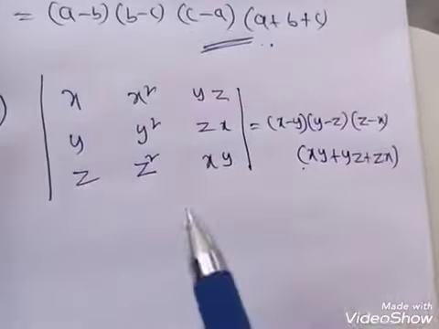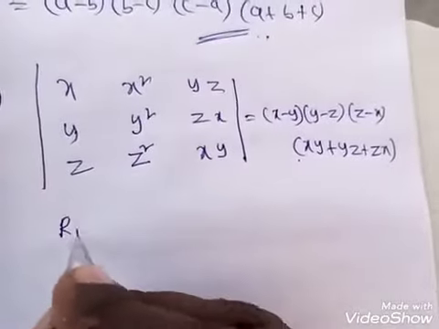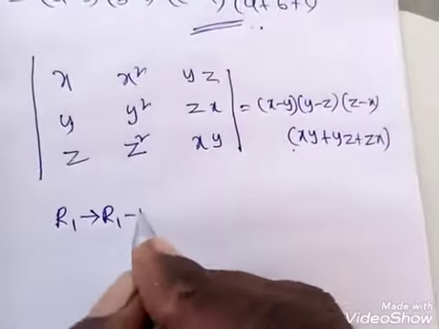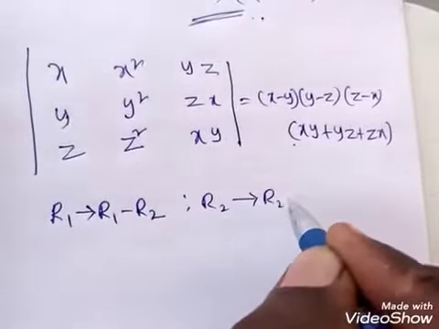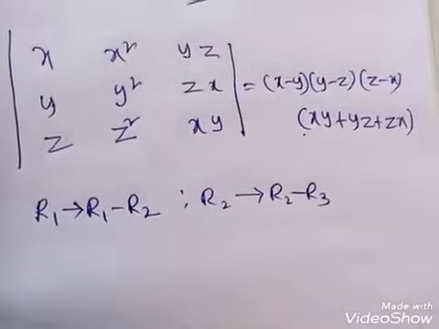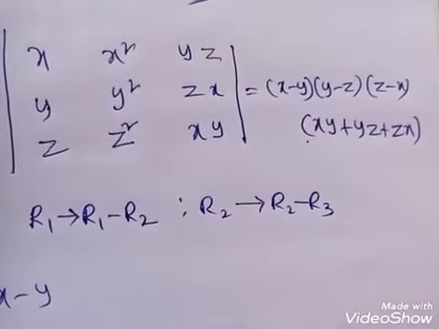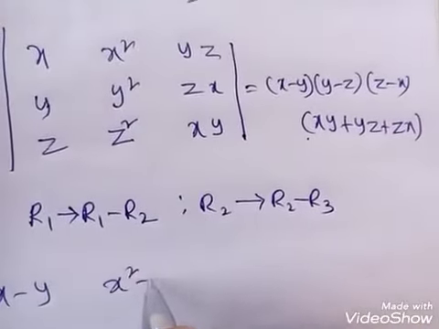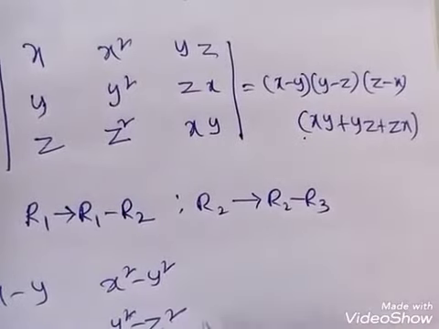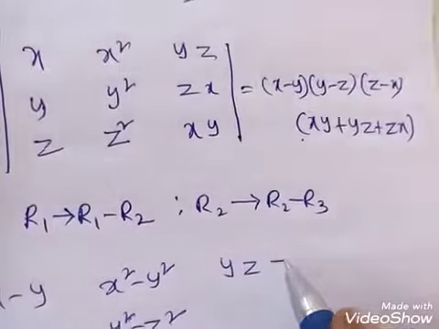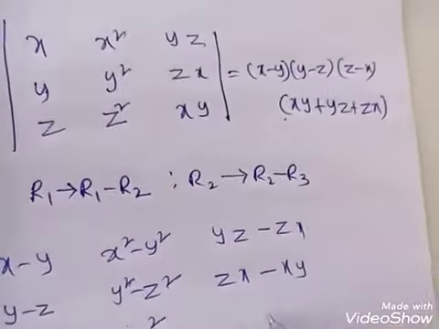Here, simple logic. R1 gives rise to R1 minus R2, R2 gives rise to R2 minus R3. Then what are you going to get? Observe the determinant: x minus y, minus z and z; x square minus y square, minus z square and yz minus zx; minus xy and xy.